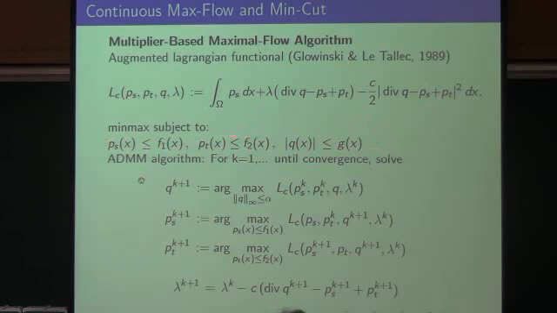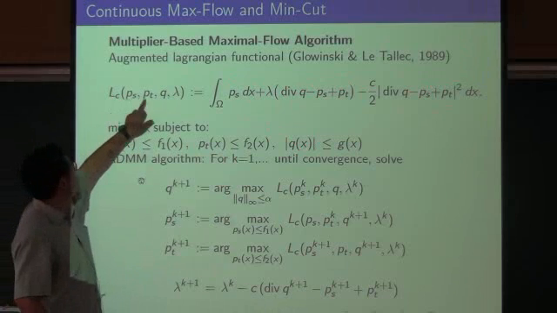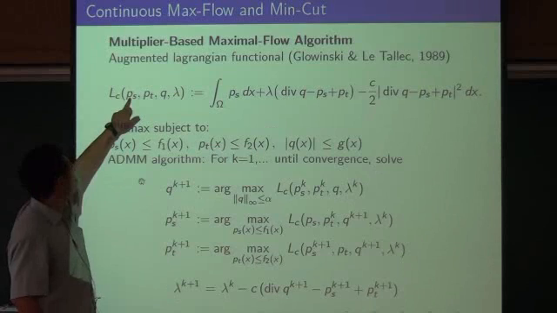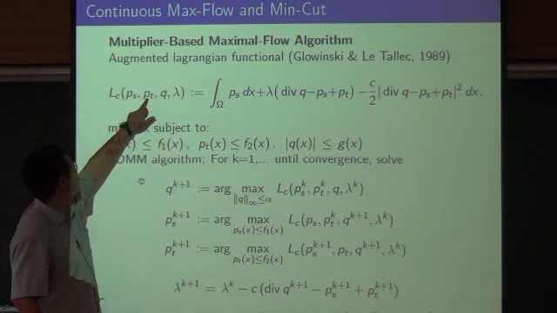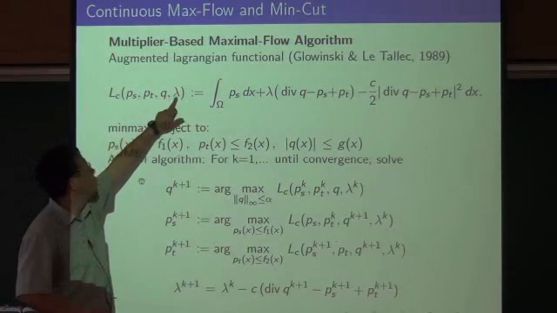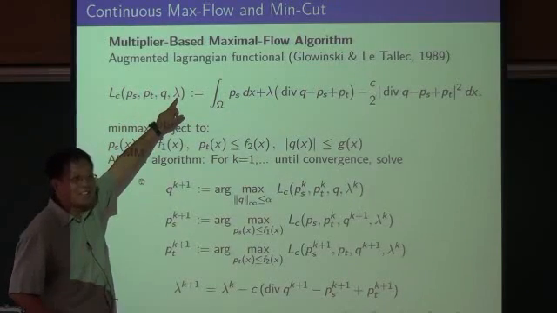These constraints are convex constraints, so therefore it's very easy to deal with. Essentially, we put these flow constraints as a penalization in the Lagrangian, and those will be the flow. These are the flow from the source to every point, this is the flow from every point to the sink, and this is the flow between the points, and this will be the cut.